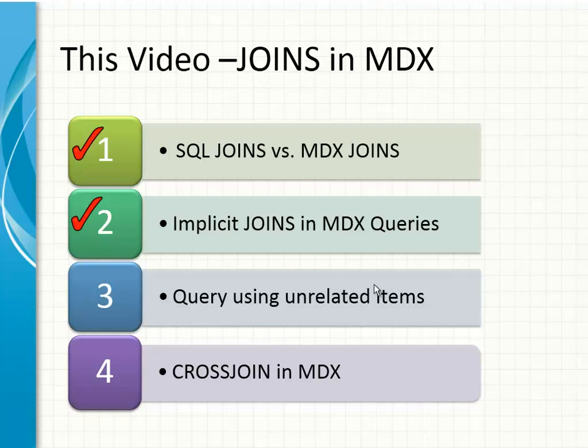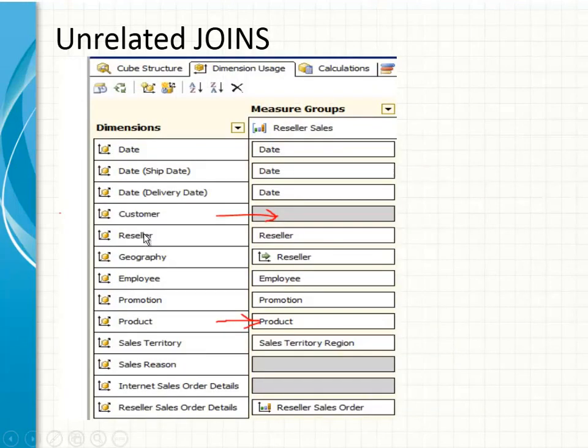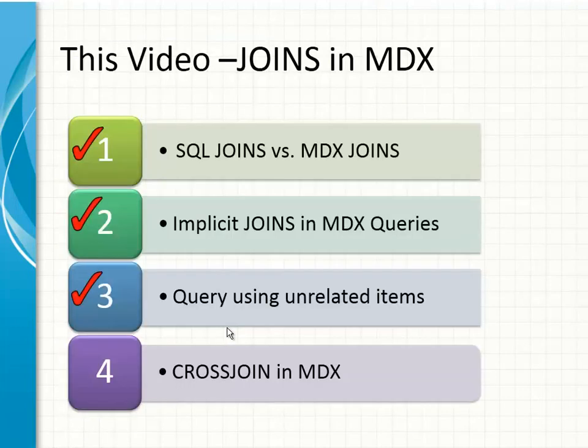We saw the effect when a query uses unrelated items, and the data produced is bad data. This is just to show that reseller sales is not related to the customer, and it is related to the product. Now the last item in this one is the cross joins.